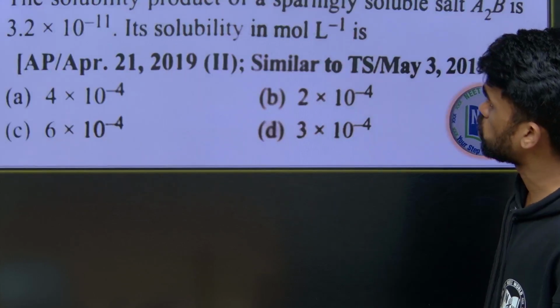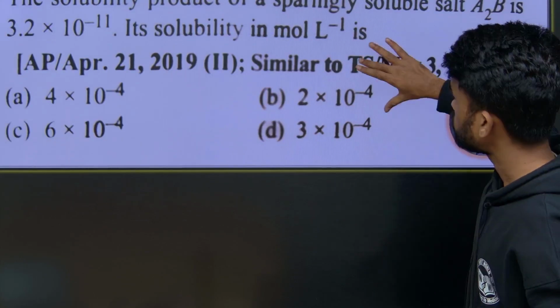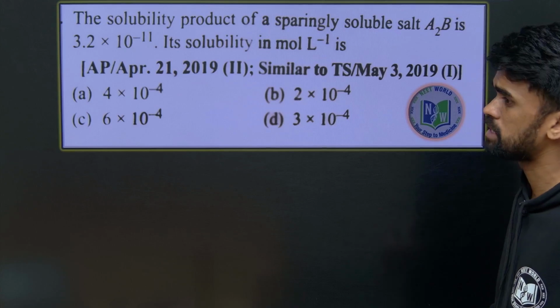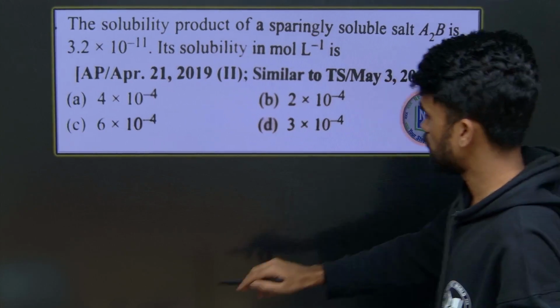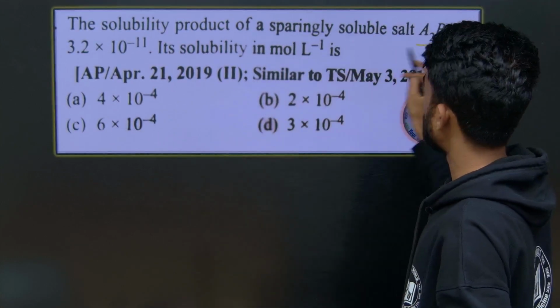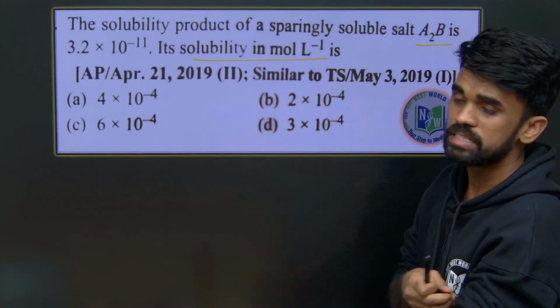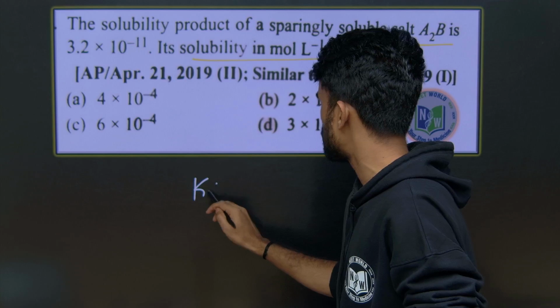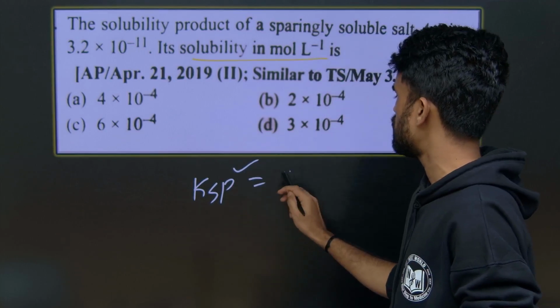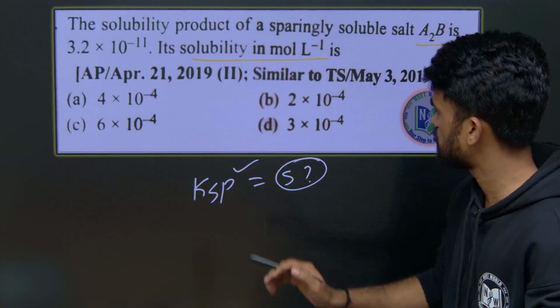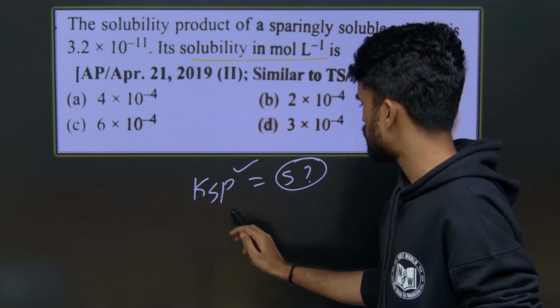So let's have one question here. The solubility product of a sparingly soluble salt A2B is this much. Its solubility in mole per liter is? The solubility product KSP is given, and they are asking the value of S, very simple. So what is the formula for A2B?